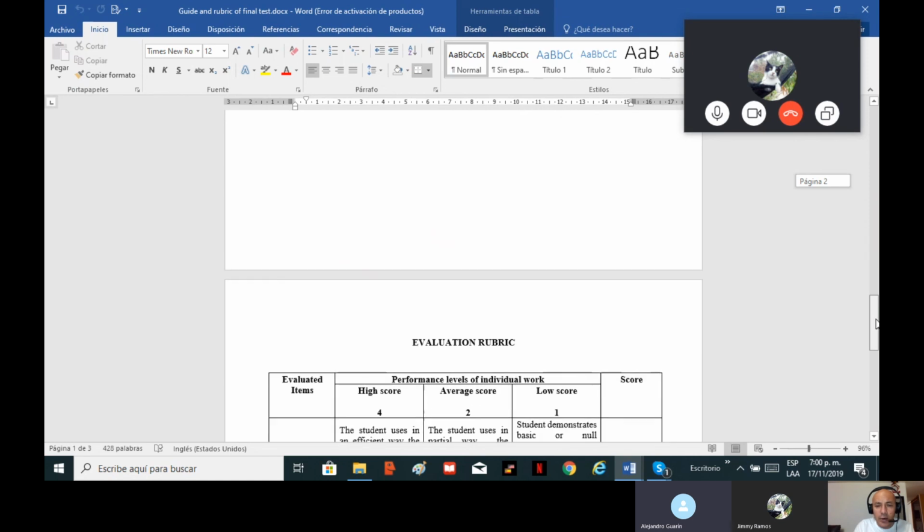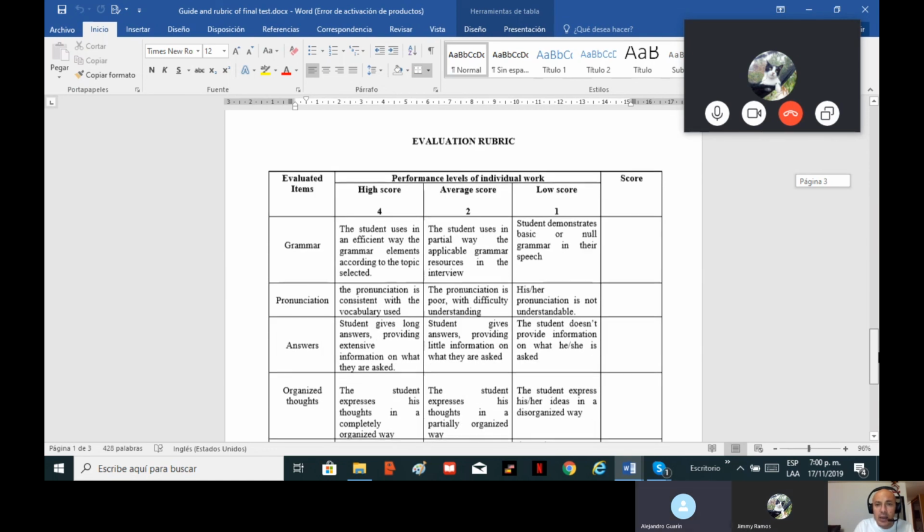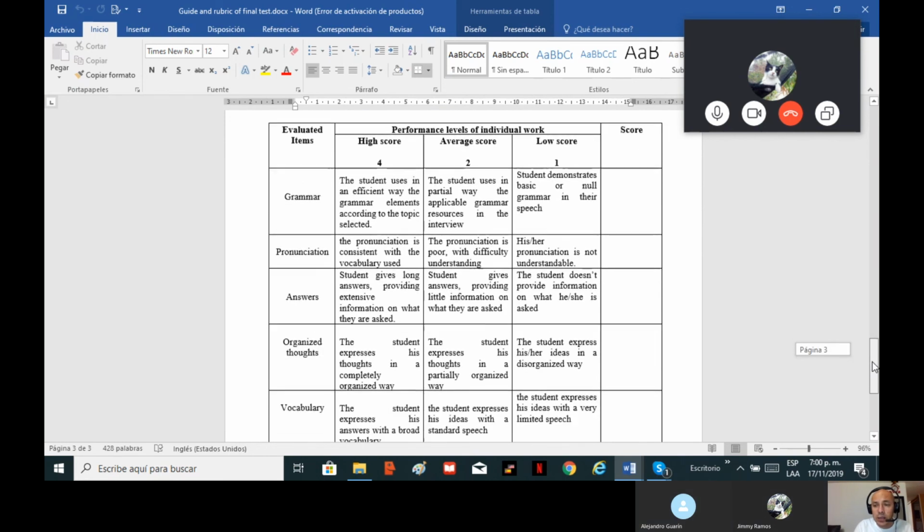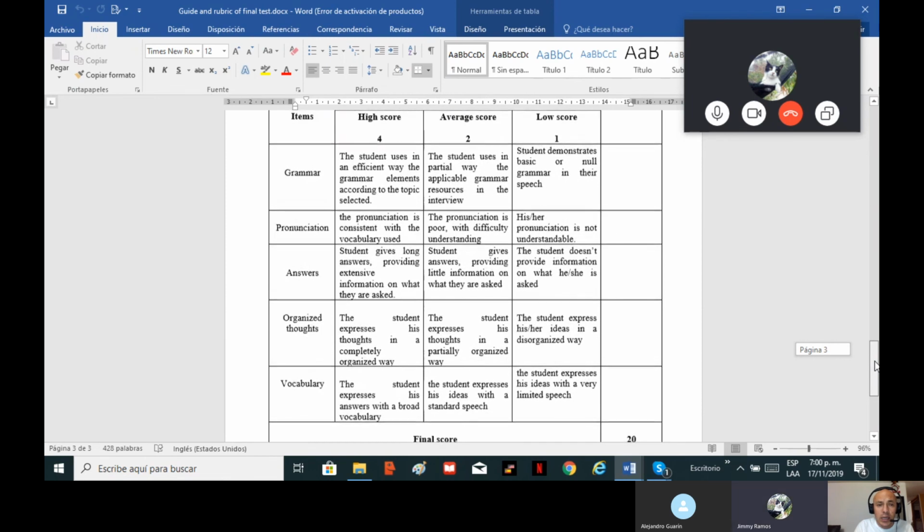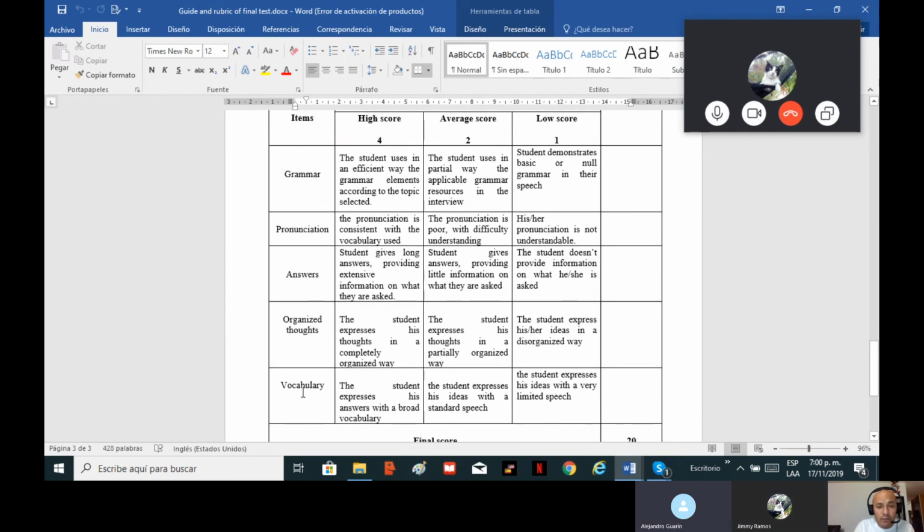Here is the evaluation rubric. You are going to be evaluated for 20 points in these 5 topics: grammar, pronunciation, answer, organized thoughts, and vocabulary.